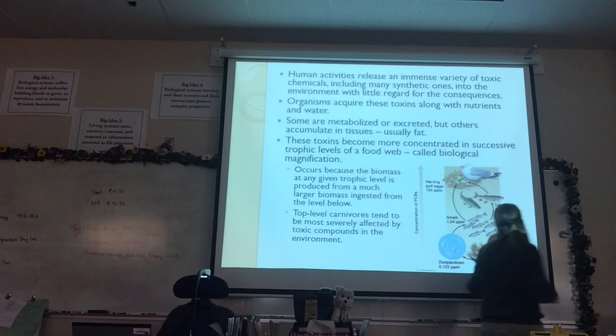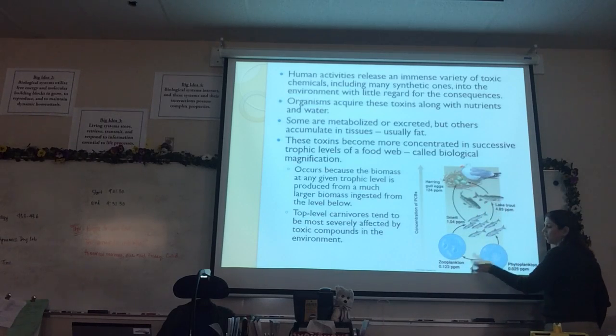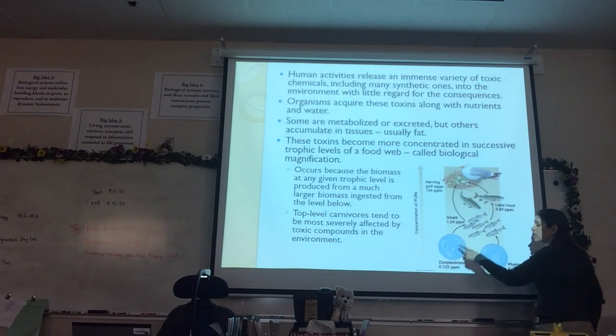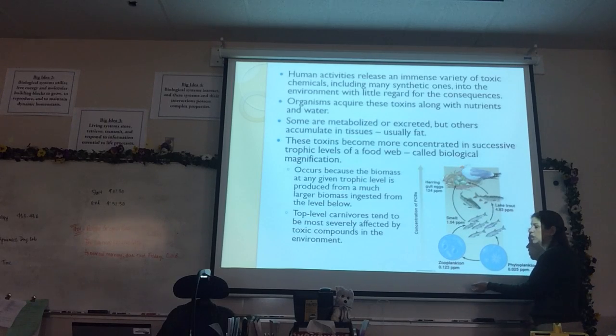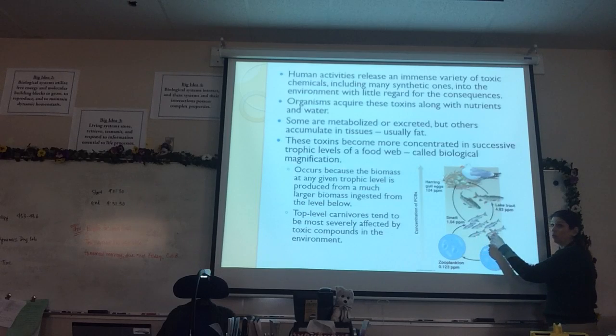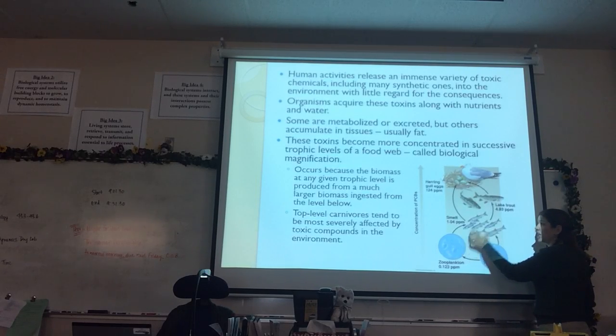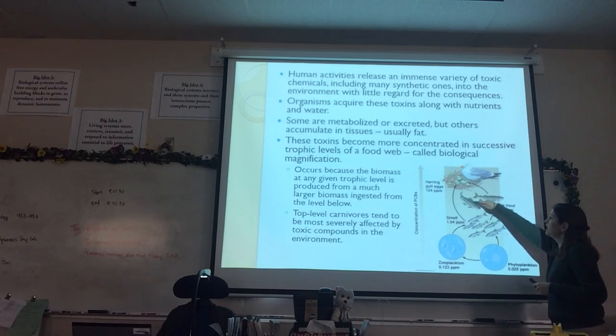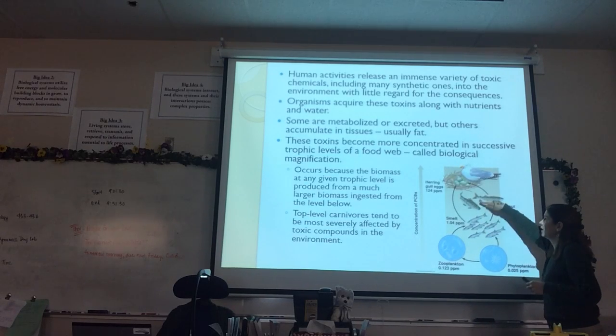So if the toxins at the bottom of the food web are in very small quantities, when the fish eat them, that's all well and good, but the fish can't metabolize this, and because they have to eat so many, they build up. Those toxins build up in the fat of these fish. Well, then these fish eat these fish, and the same thing happens.